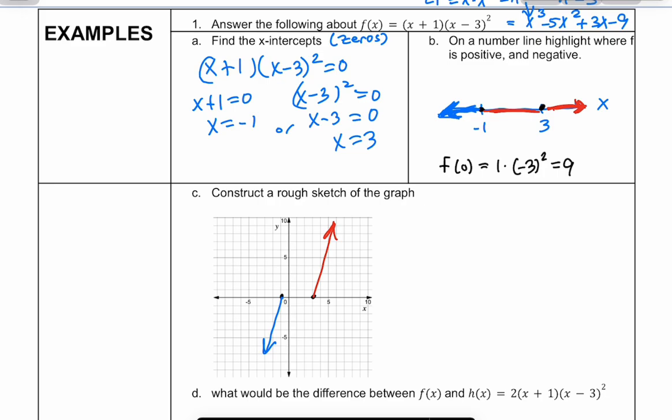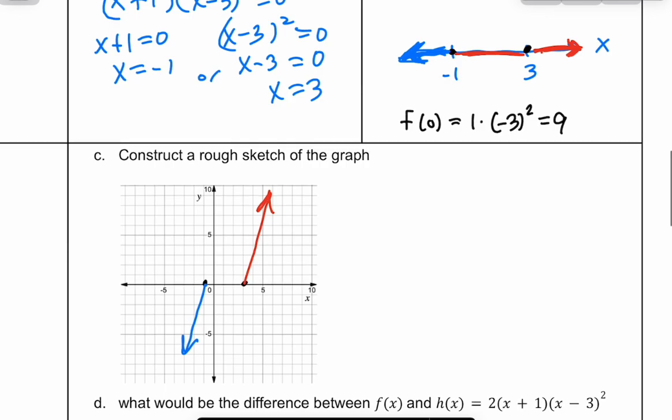See how it says the words rough sketch? That means do what you've got to do. And then we know that this section has to be somehow like that. And we know if we plugged in 0, we got 9. So at 0, let's hit 9. So we need to at least have done something like that.